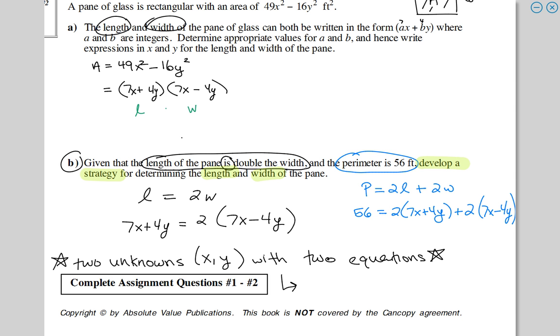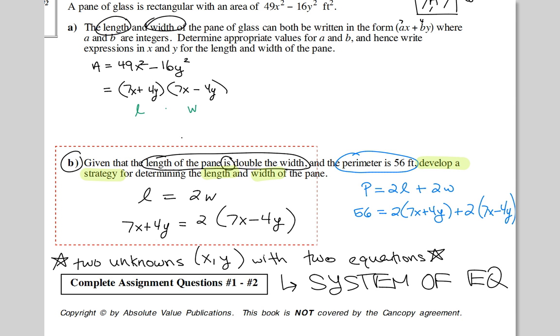System. System of equations. You guys okay with that?